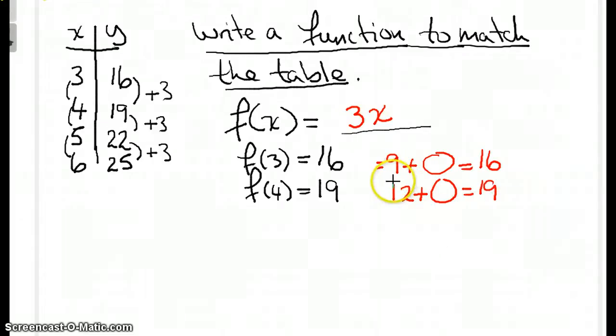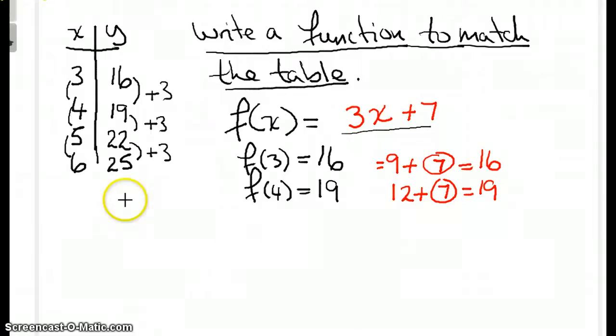Well, 3 times 3 is 9. 9 plus what will give me 16? Hopefully you can see that is 7. 12 plus what will give me 19? Again, it better be the same. So I now know that in order to see my function, I have 3x plus 7.